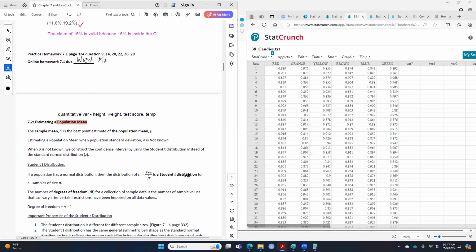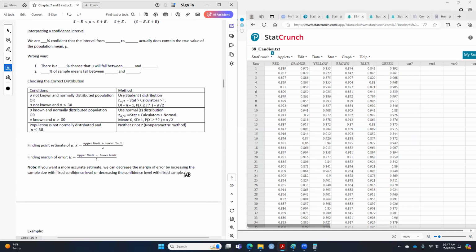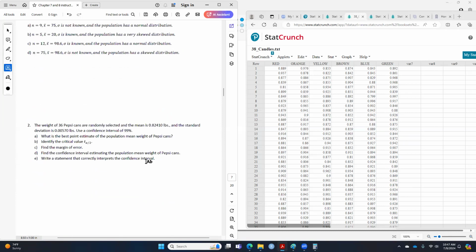And I just want to show you some examples here so you can see the difference. If you look at example 2, this is talking about the weight, okay? So we know this is quantitative. And also you have the word mean coming up a lot.